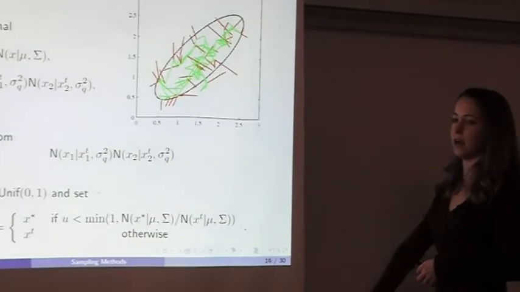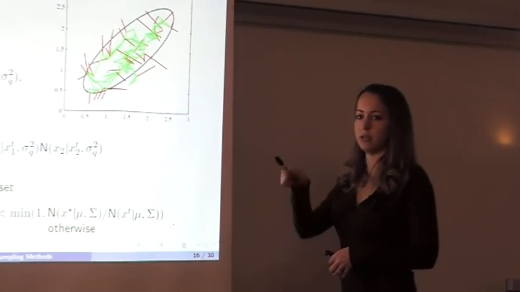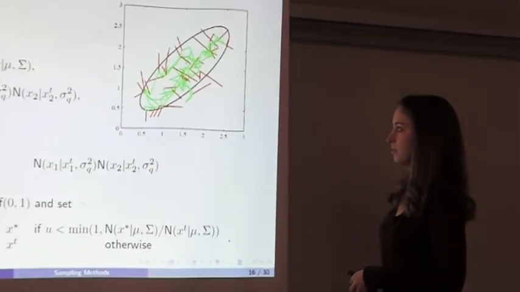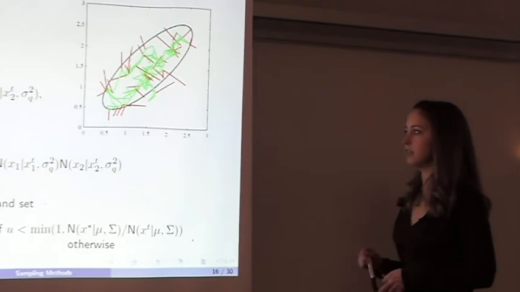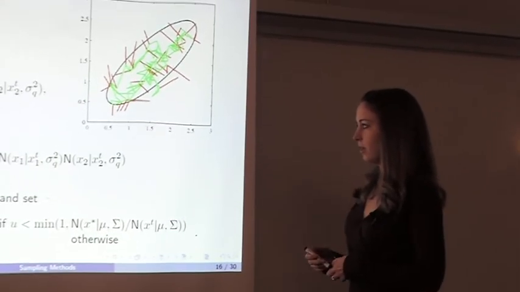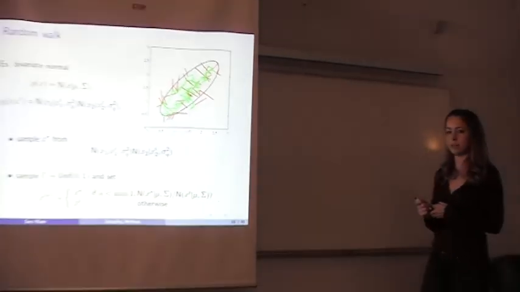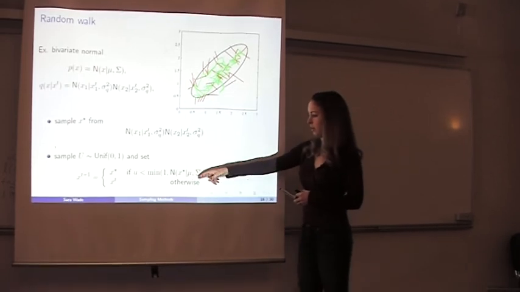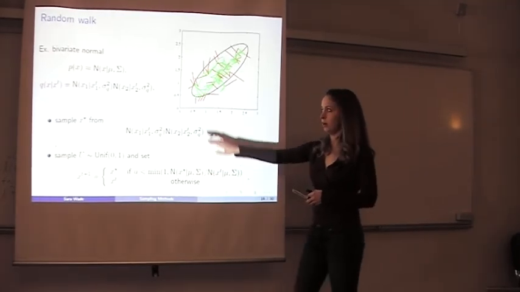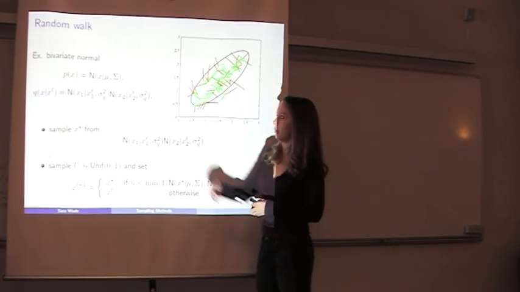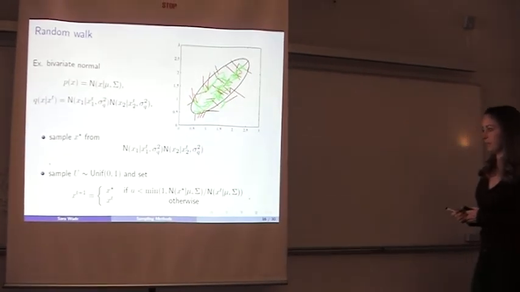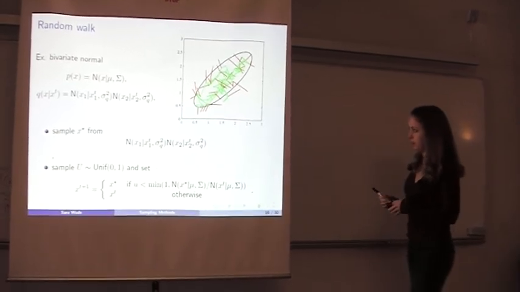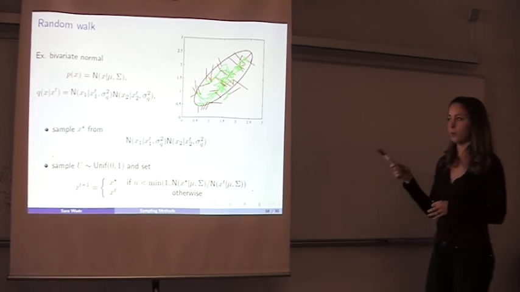So that just means our covariance matrix is diagonal with a common value on the diagonal, and it's centered at our current state. So in this case, we sample x star from our proposal, and then we accept with the ratio of our target distribution here.